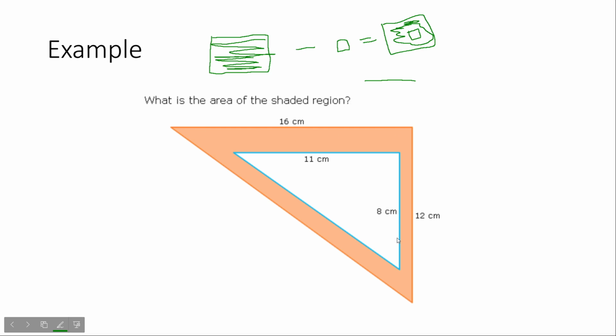Well, let's find the area of the whole outside triangle, subtract the smaller triangle-shaped hole, and we know that's going to be equal to the area of that orange region all the way around.